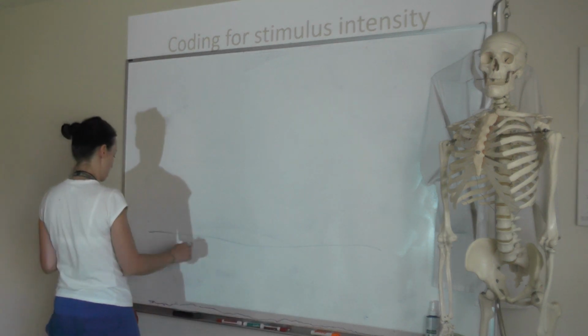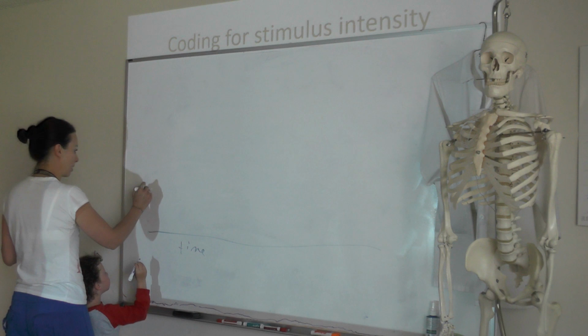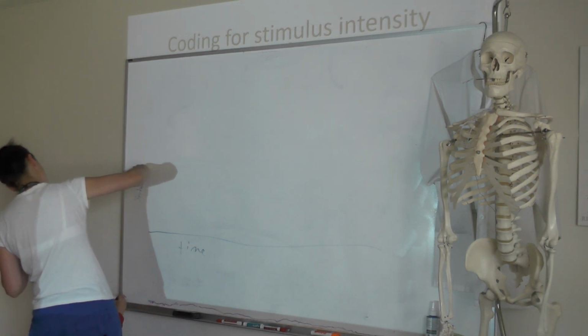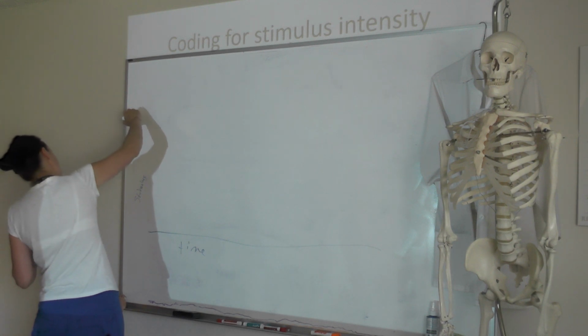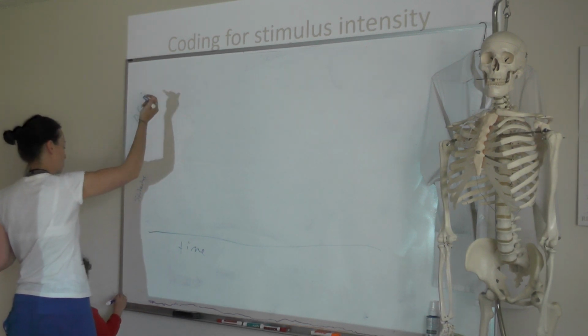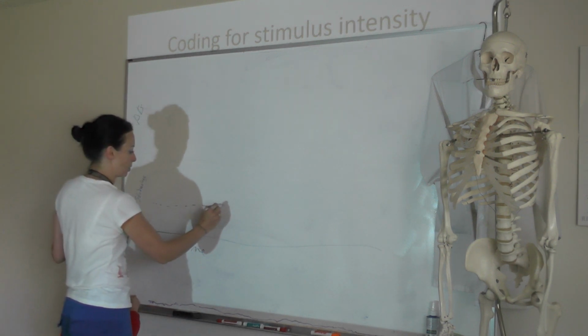So here's time. Our first chart is stimulus intensity, or our level of stimulus. And the next is the number of action potentials delivered, or action potentials being generated. So let's say here's threshold, right?